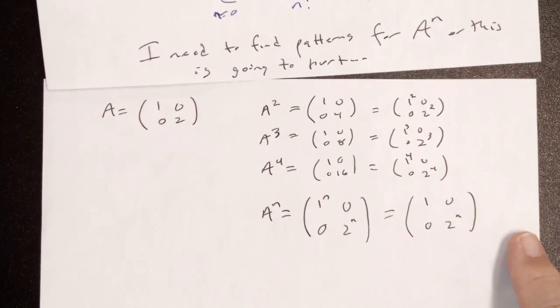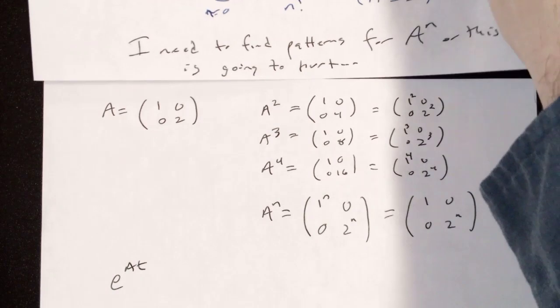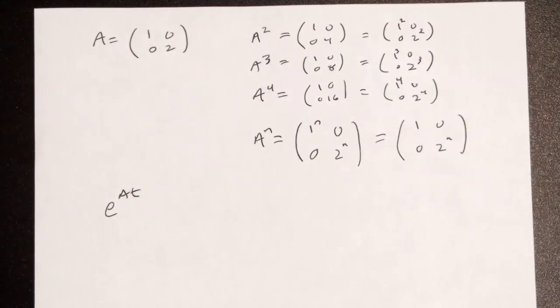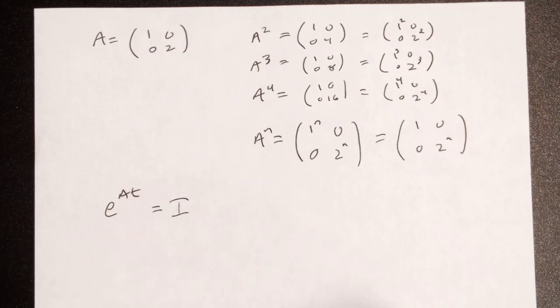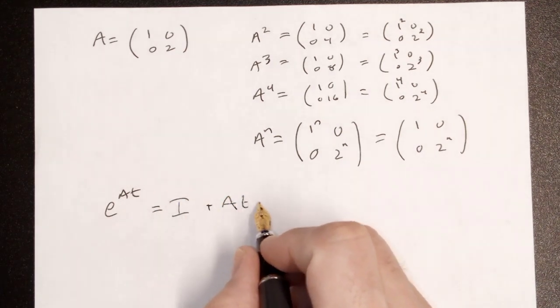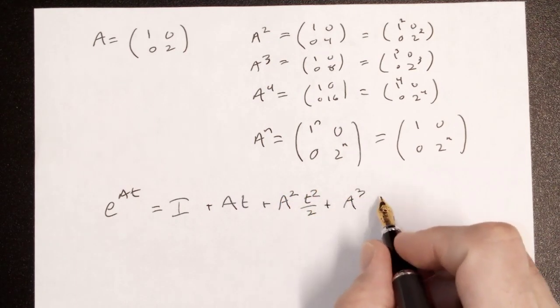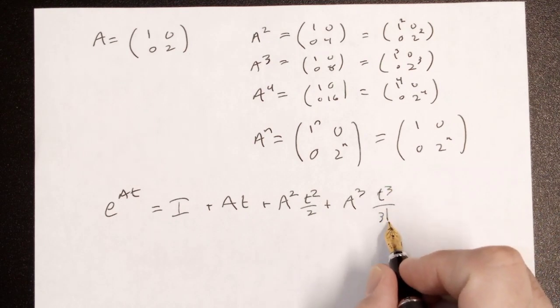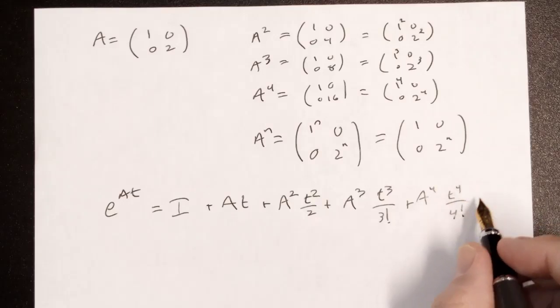But if that's the case, I can now write e to the At. I'm going to take the identity, and then At, and A squared t squared over 2, and A cubed t cubed over 3 factorial, and A to the 4th t to the 4th over 4 factorial, and so on.